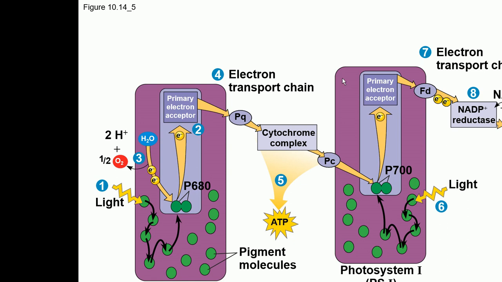After photosystem 1, there is another protein called ferredoxin, and it makes a very short electron transport chain.